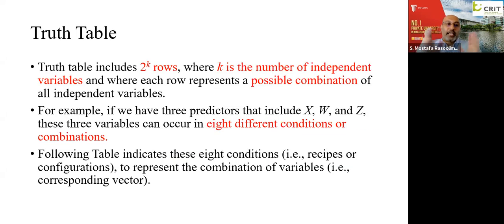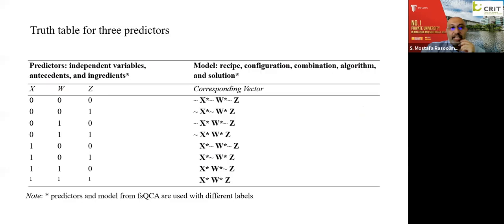To create this truth table, in the first stage, if we have three predictors, we can create at least 8 different combinations of predictors.